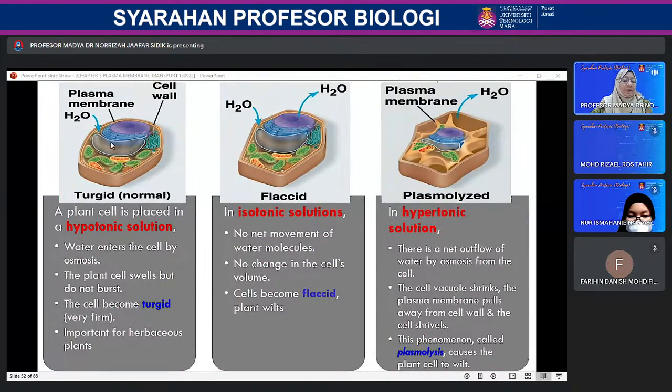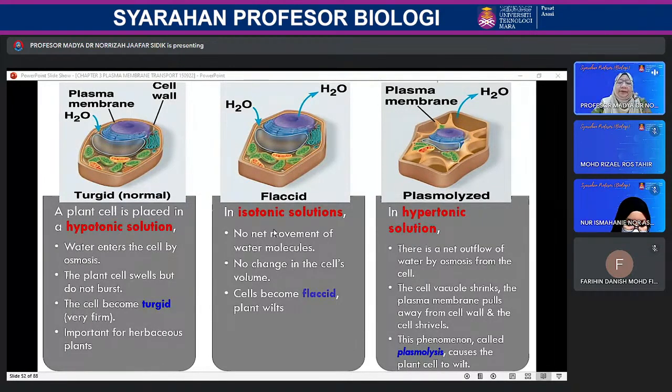Yeah? The cell becomes turgid, very firm. Okay, so this is important for the herbaceous plants, herbs. So I hope that students know what herbal plants, herbs are.